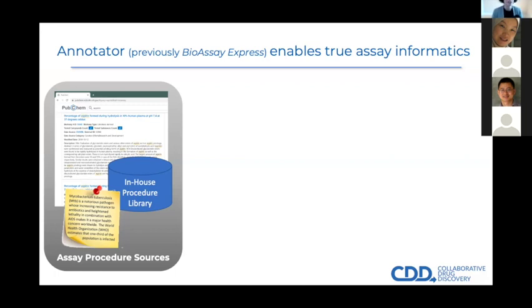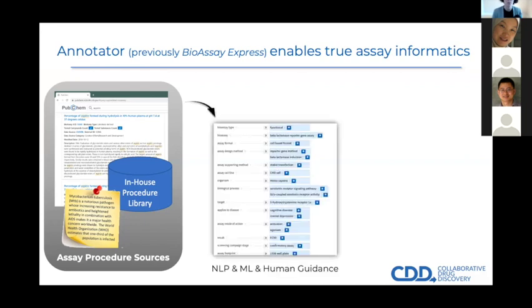But it's a system that takes unstructured human text protocols that are in your ELN, in your in-house library, Post-it notes, back of the glove, and really turns it into something that is now machine operable. It structures it using a guided template that is linked to public ontologies, and it's powered by a machine learning natural language processing engine.